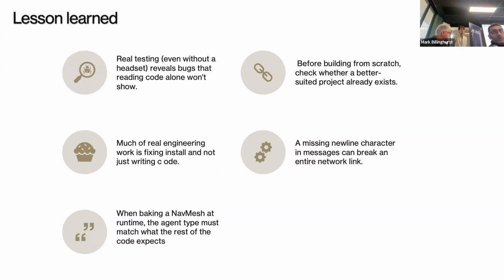When matching at the runtime, the agent type must match what the rest of the code expects. Before building from scratch, check whether a similar kind of project already exists. A missing newline character in a message can break an entire network link.